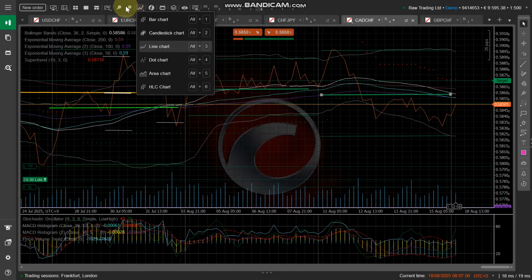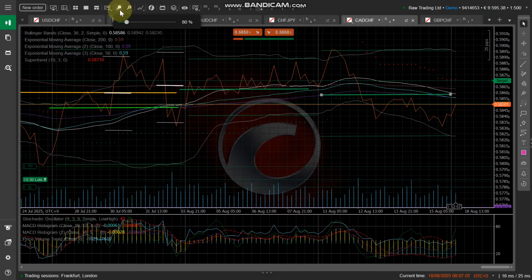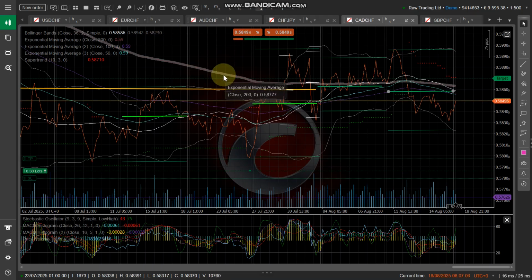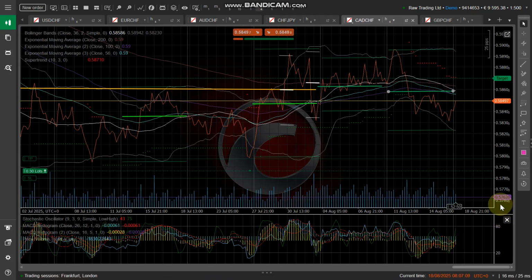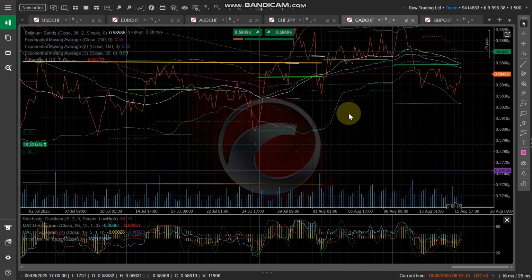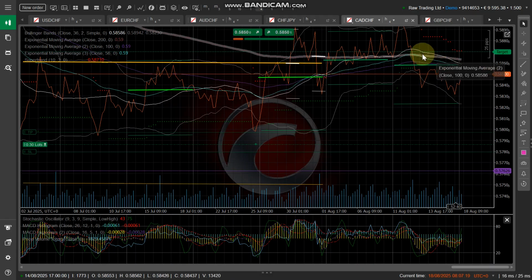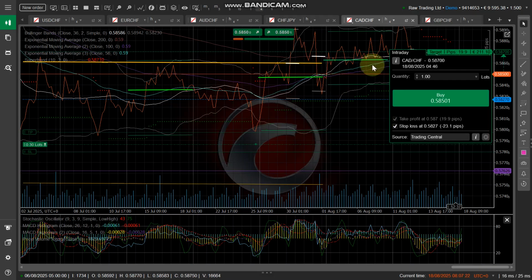Can I see it smaller? Okay. So CAD/CHF came from this line. That's monthly. The lower target that they want to go to is the monthly sell. So far they are up here.